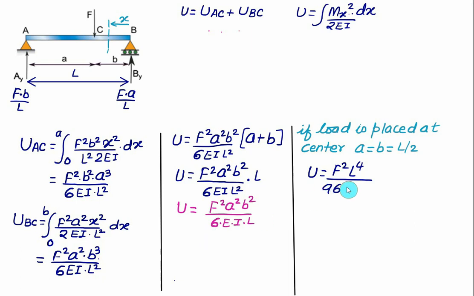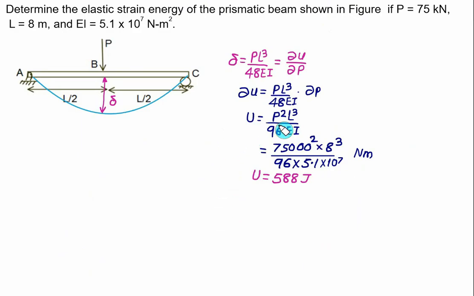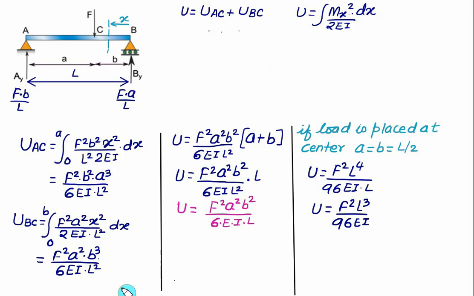So we have 96 times E into I into L. So this value is same that already we have done, is F square L cube divided by 96 times of EI. So U will be equal to P square L cube divided by 96 times of EI. This time we have used the Castigliano theorem.